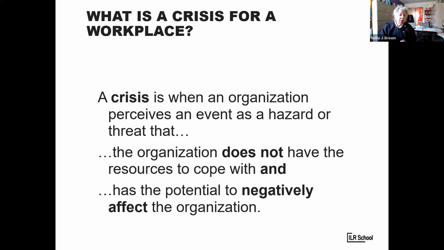So what's going to make a crisis in the future is where this situation may be very different in how it unfolds, or maybe a different kind of event altogether comes about, and the organization truly does not have the resources to cope with this one. It also has to be something that's going to have a very serious adverse consequence or series of consequences. It's going to affect the organization negatively, perhaps devastatingly.